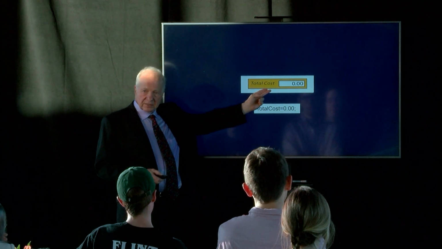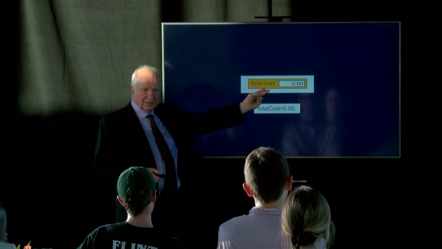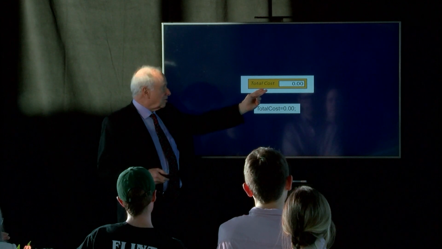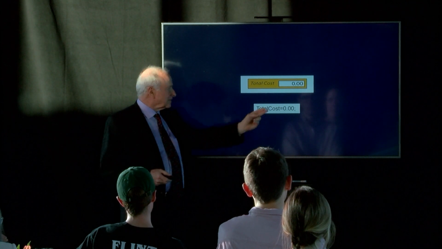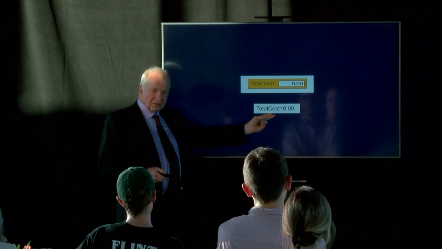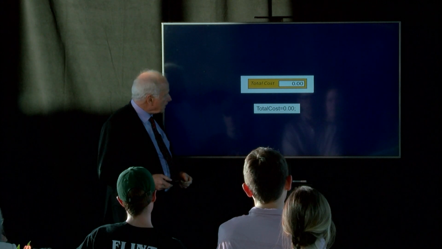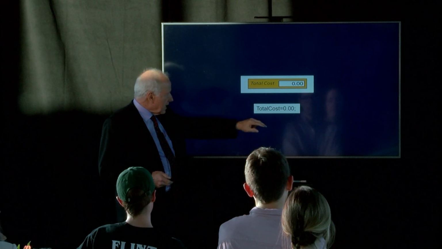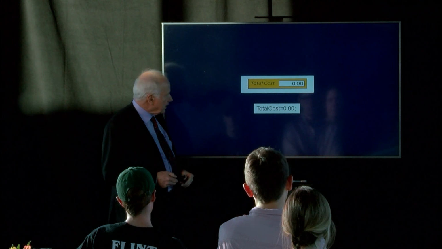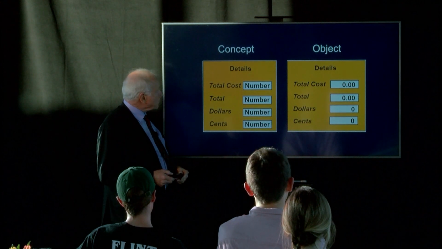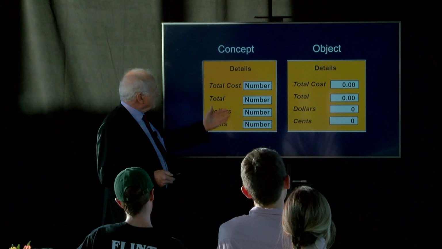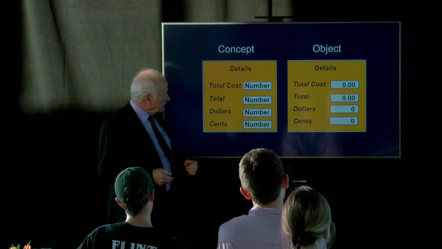It's by intention. You want total cost to look this way in the form. Now, here's the way you normally do it in a programming language. So you've got to get rid of the blank and arbitrary equal sign and semicolon. So the concept and the object look fairly much the same.